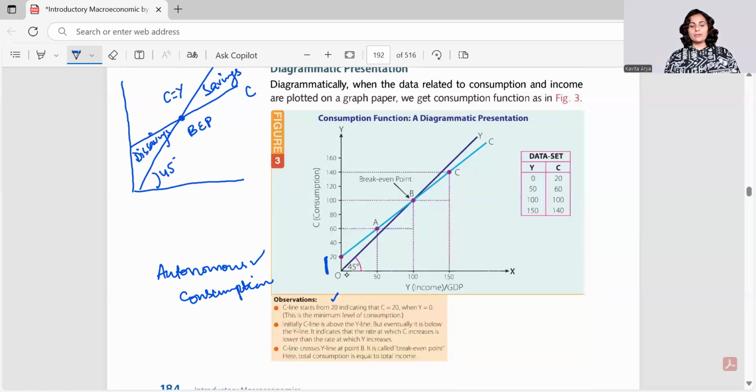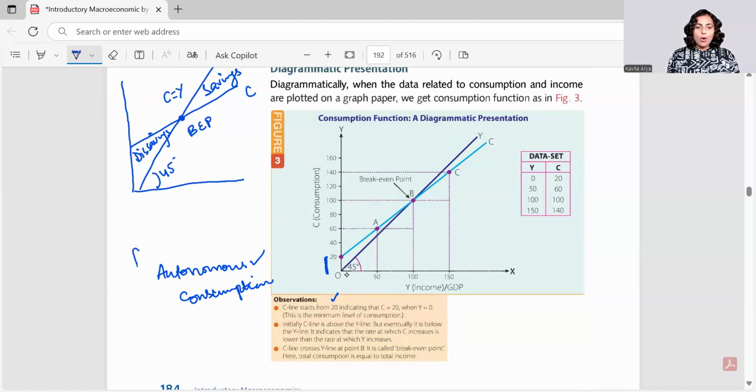In macroeconomics, you would be talking about autonomous investment also, right? So autonomous means independent of the other factor, and here it's independent of the variable of income, with respect to which we are trying to check the changes. So C is beginning from 20. So 20 is the level of autonomous consumption.